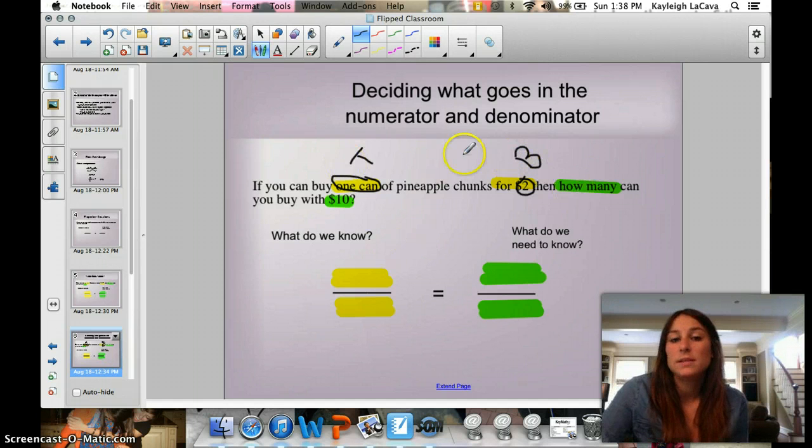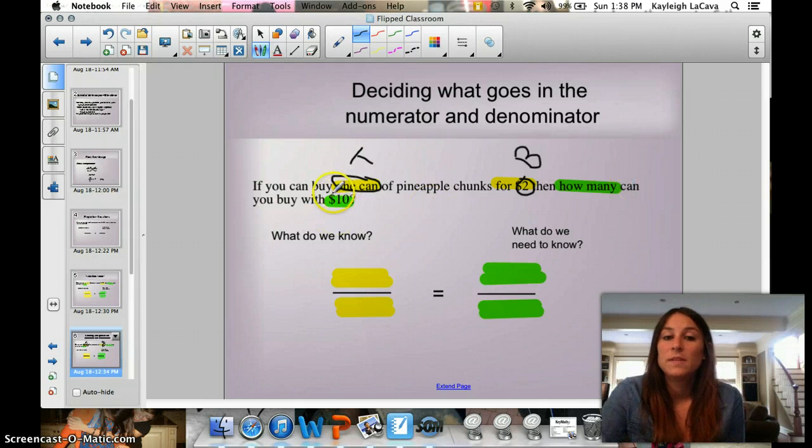So based on this information, what are we going to do with the green? Well, it gives us dollars, so we know that also needs to go on the bottom because whatever we put on the top needs to match and whatever we put on the bottom needs to match. So we don't know how many cans, so we're going to put X on the top. Okay?